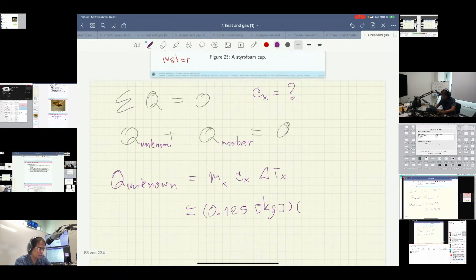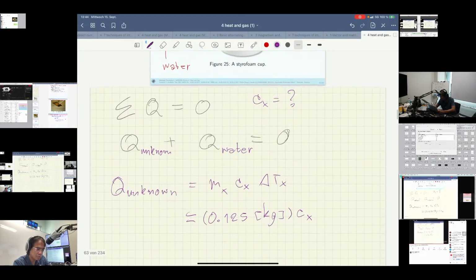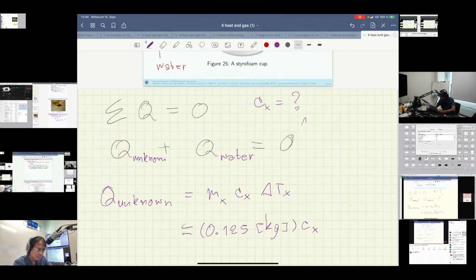Okay, let's say it's unknown, so we leave it like a simple variable. And delta T, as you know, delta T is T final minus T initial, right?